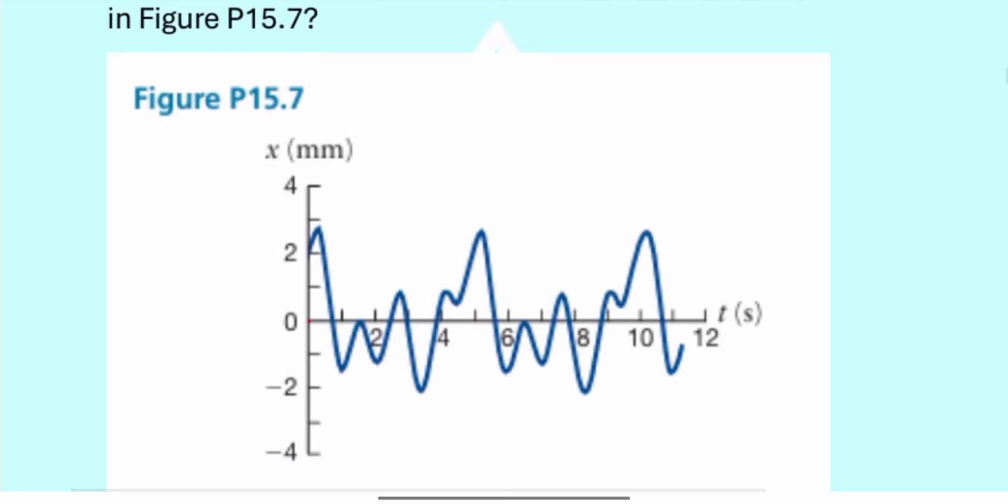So now I'm looking for one oscillation. You can see on the y-axis we just have position, and then we have time on the x-axis. If you look at where this graph starts, it starts at x equals 2.